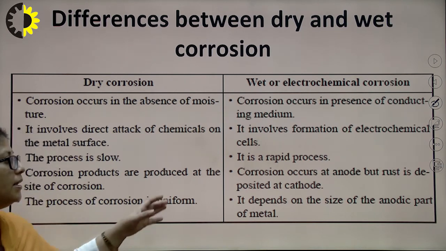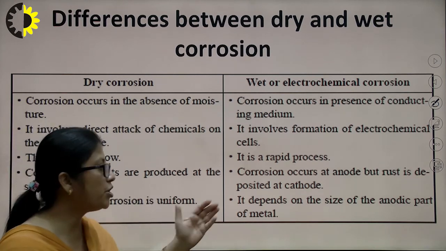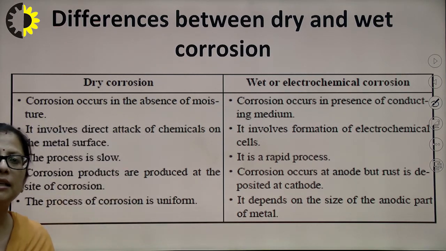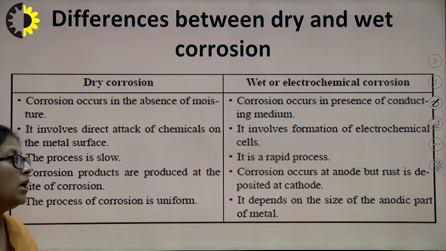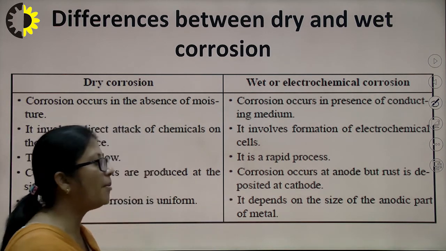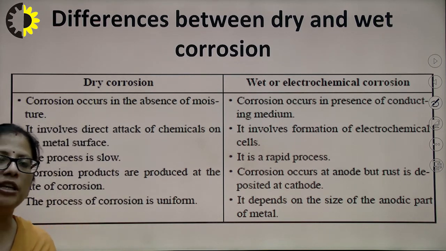Where corrosion is taking place, at that point only the product is formed. But in wet corrosion, the corrosion occurs at the anode, but the corrosion products get deposited near the cathode. In dry corrosion, the process is uniform, but in wet or electrochemical corrosion, it depends upon the anodic part of the metal.